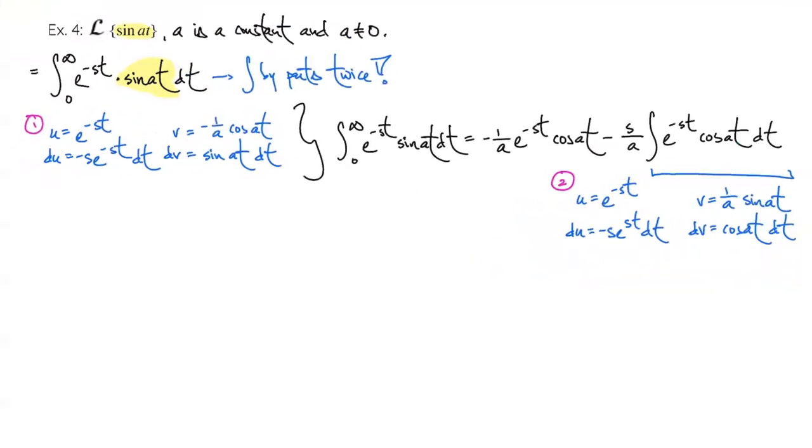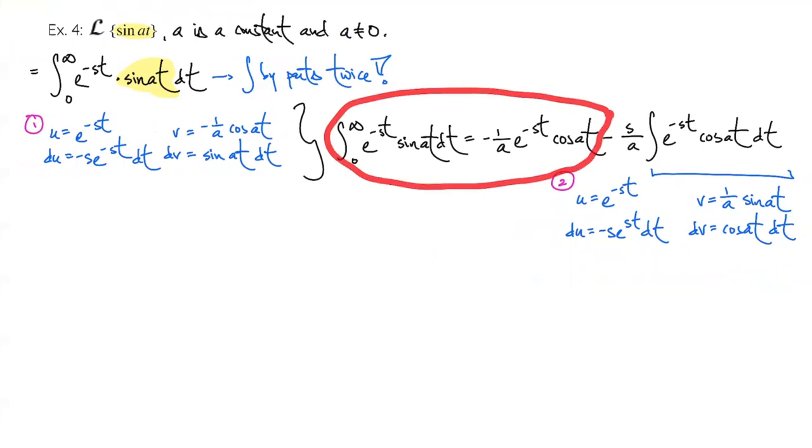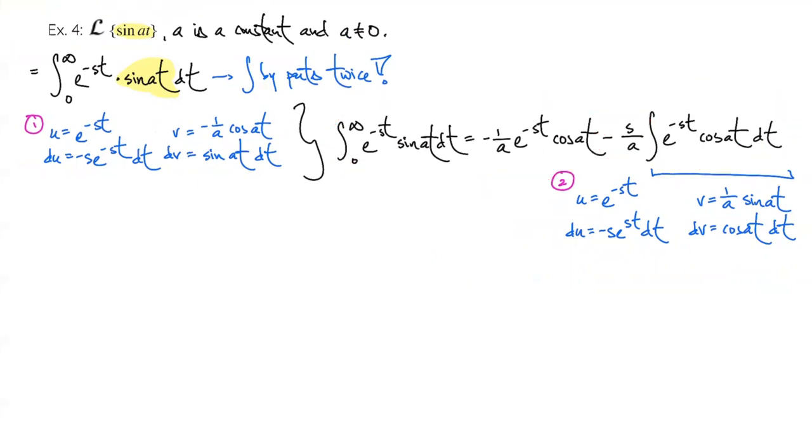And so now what I'm going to do, I know this is a lot of writing, okay? We're going to write all of this first clump again, minus that s over a, and then next to it, I'll put my new integration by parts in brackets so that we can see very clearly where it comes from.